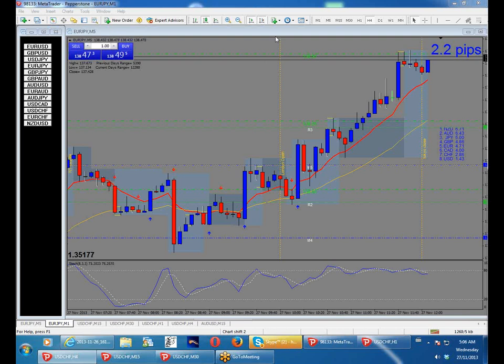Break of the inside bar or previous bar. On the inside bar, it would be the break of the previous bar. Outside bar, it would be the break of the outside bar. Yes, so it's the previous bar.